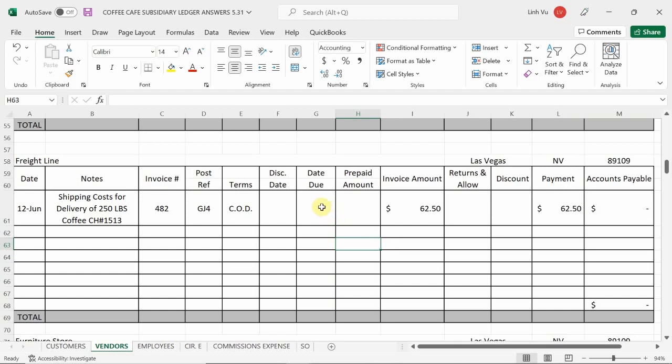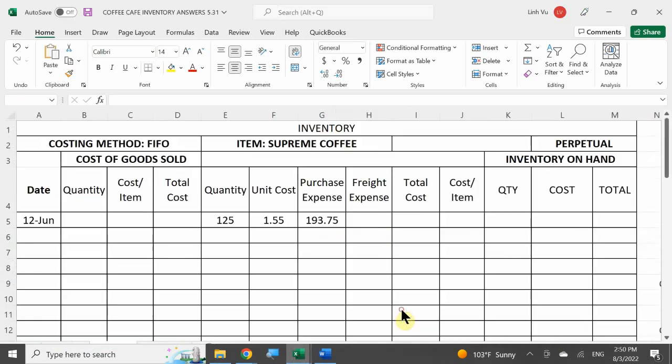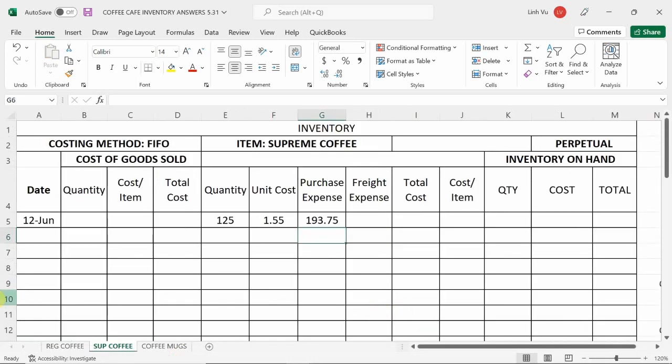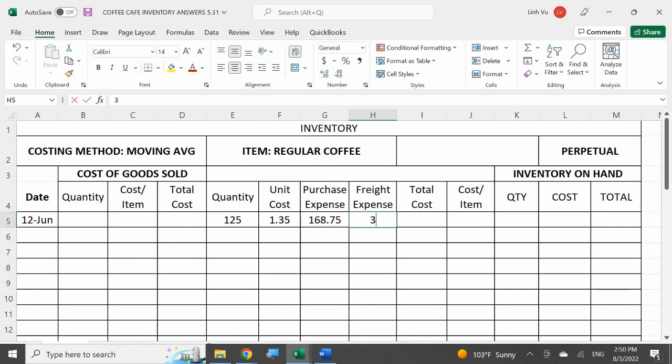So then now we need to go ahead and plug this into our inventory worksheet because now we have the freight for the regular coffee and the freight for the Supreme coffee. So in this case, we can add in that $31.25. So therefore, my total cost, which was the $200.